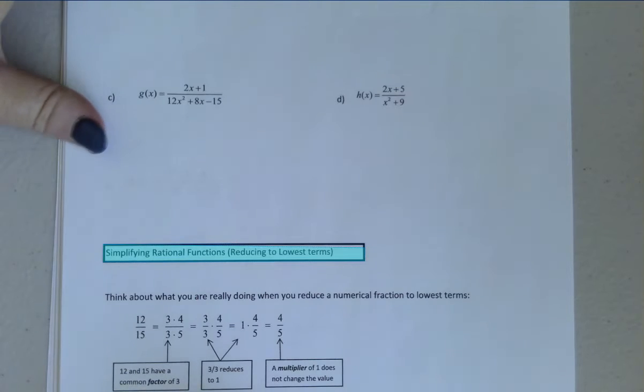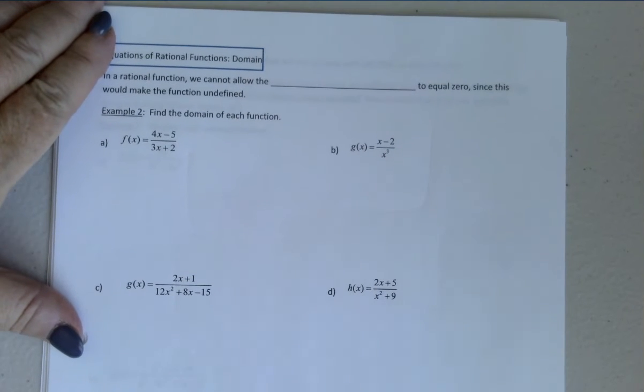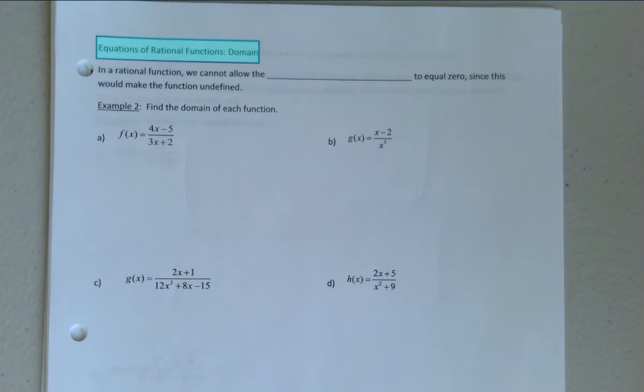We've been talking a little bit about domain in terms of the graph and how it's shifted left, right, up, and down. But algebraically, there's a fairly simple way of determining the domain for even more complicated algebraic fractions than those that we've looked at so far. It goes back to the idea that we can't divide by 0.